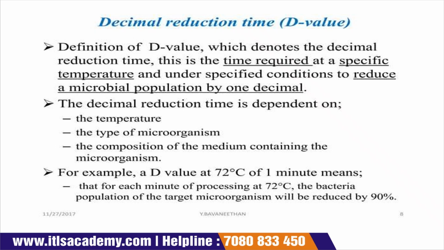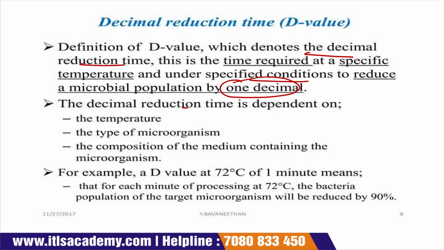Decimal reduction time, or D value, simply means the time required at a particular temperature and under specified conditions to reduce the microbial population by 1 decimal, that is, by one log.